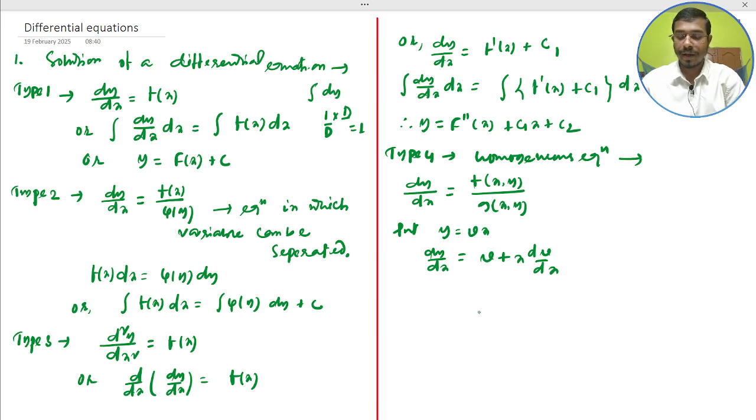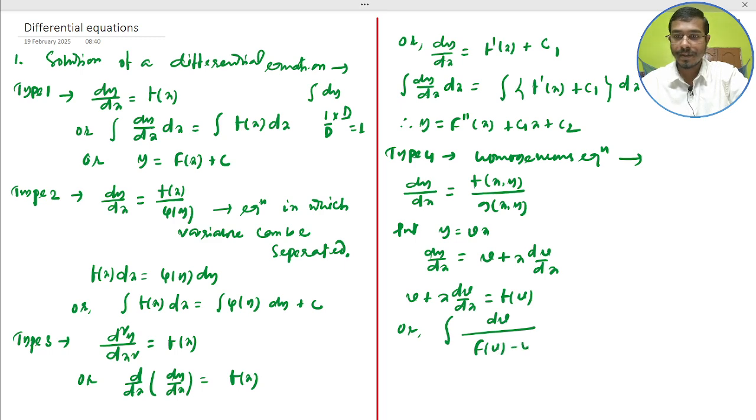Substitute this value in the given equation. It would become v + x dv/dx = f(v). Integrating both sides, the integral of 1/(f(v) - v) dv is equal to the integral of 1/x dx.